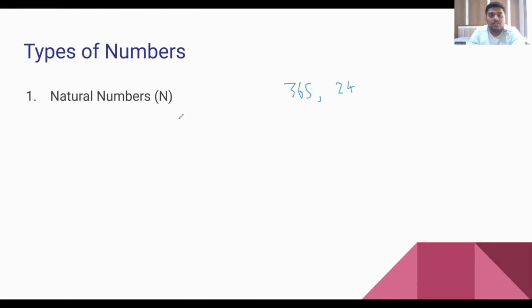So the natural numbers range from 1 up to infinity, right? So this is about the natural numbers.